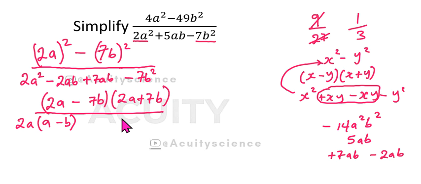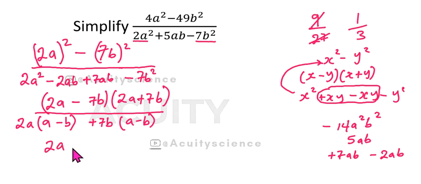We want our brackets to be the same, so we just put a minus b here. And then think of what we should multiply to a to be able to get 7ab. And the answer is 7b. So we just say plus 7b. And it works for this. Perfect.